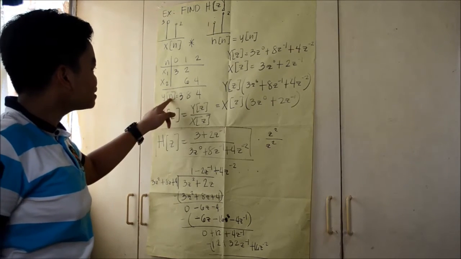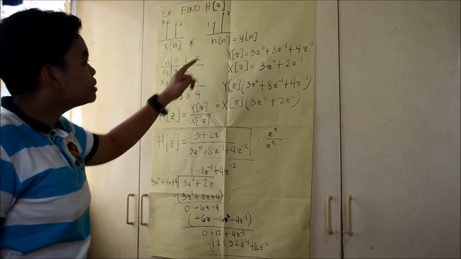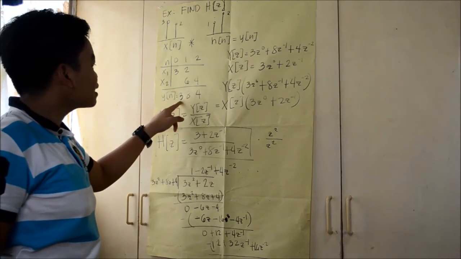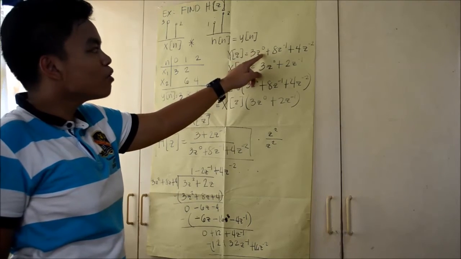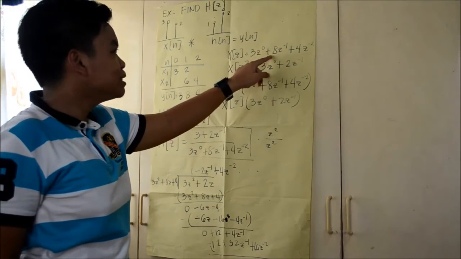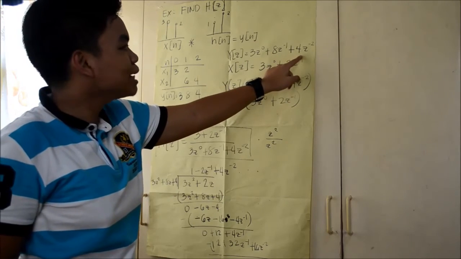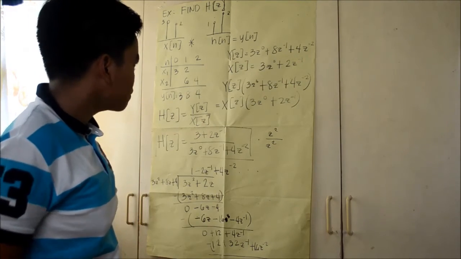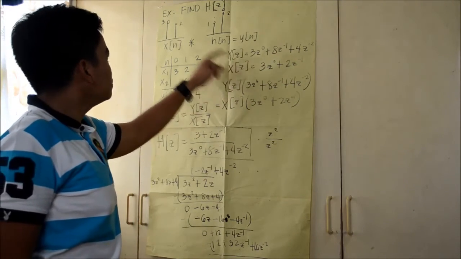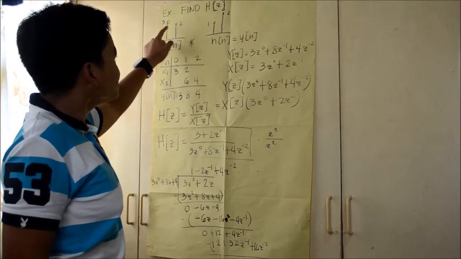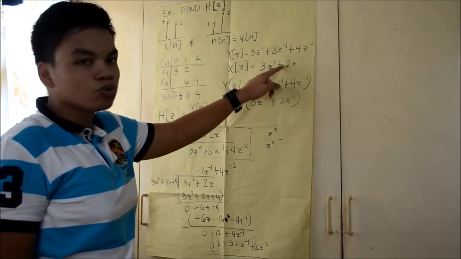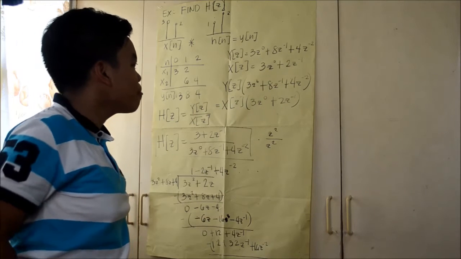To convert this to Y(z), this is equal to 3 z to the 0, or simply 3, plus 8 z to the negative 1 plus 4 z to the negative 2. And X(z), which is here, is 3 z to the 0 plus 2 z to the negative 1.